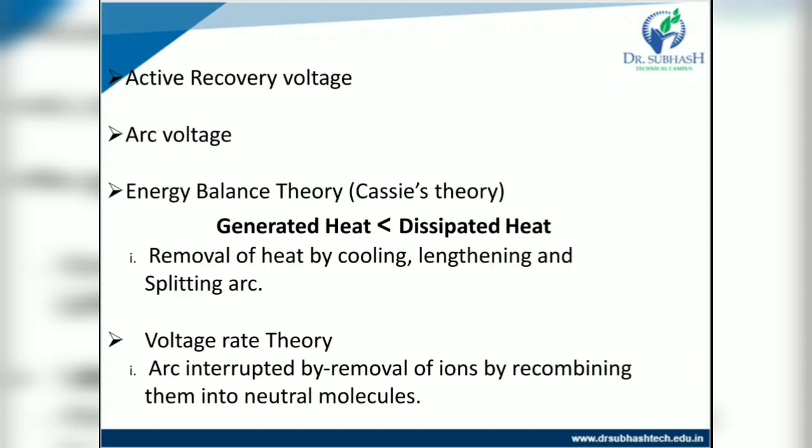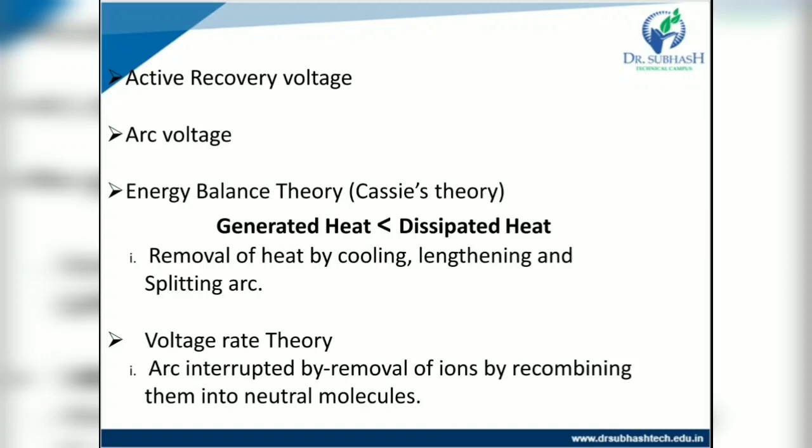Then the arc voltage is the voltage that appears across the contacts of the circuit breaker during the arcing period. As soon as the contacts of the circuit breaker separate, an arc is formed. The voltage that appears across the contacts during the arcing period is called the arc voltage.